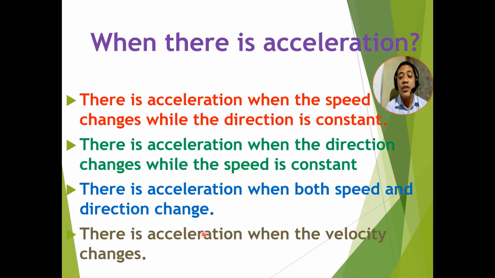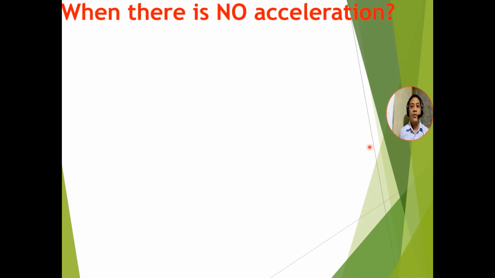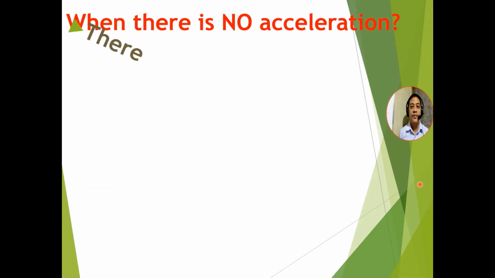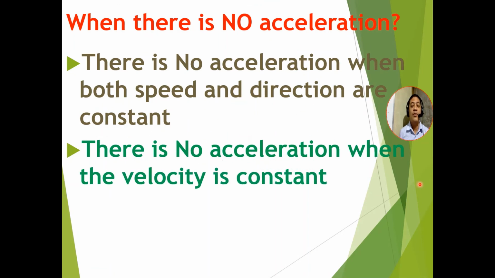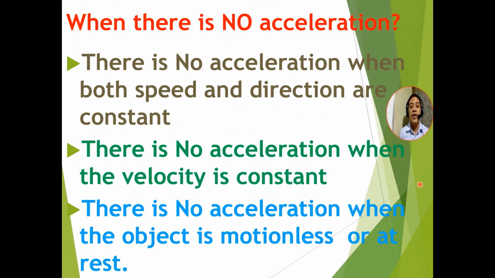And there is acceleration when the velocity changes. So let us now answer our second question. When is there no acceleration? There is no acceleration when both speed and direction are constant. There is no acceleration when the velocity is constant. And there is no acceleration when the object is motionless or at rest.